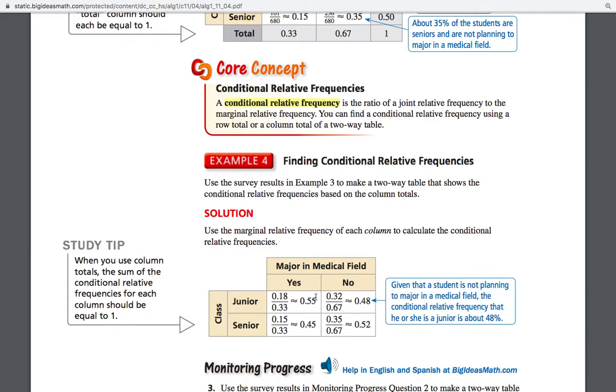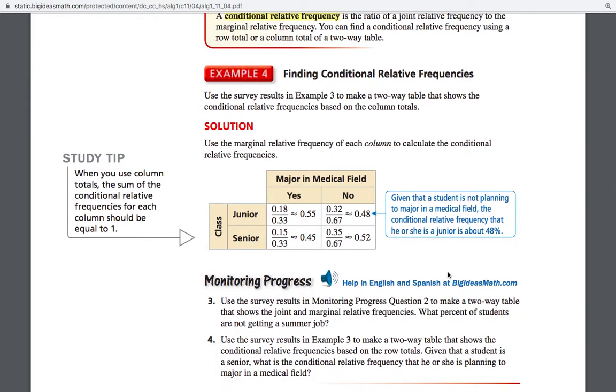And what this is saying is 55% of the people majoring in the medical field are juniors. You've got to look at the wording of it, because they're going to ask you some questions, and they're going to want this conditional. So we're going to have to just divide by a column or a row total.